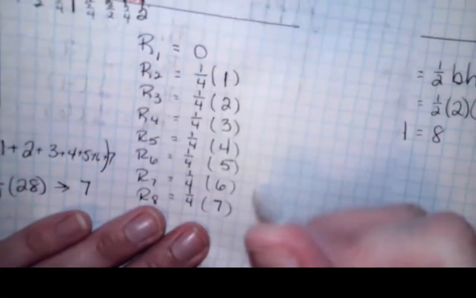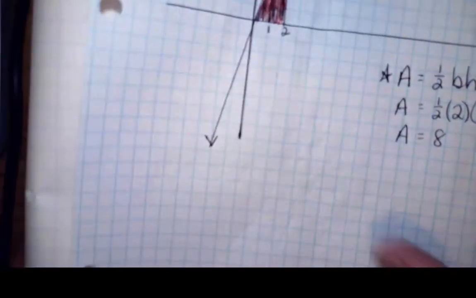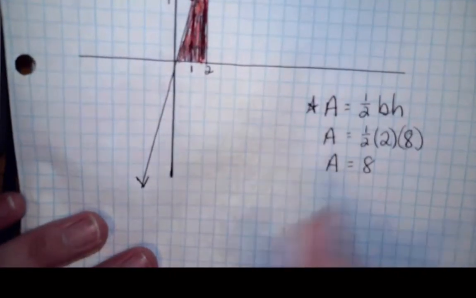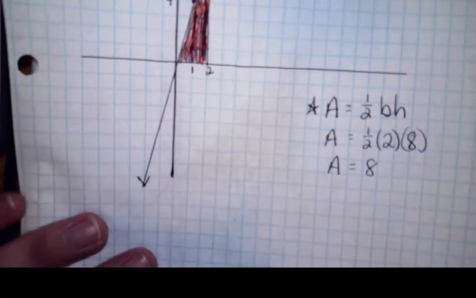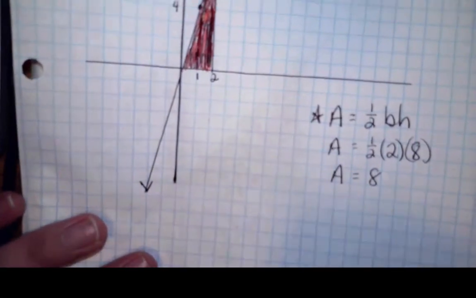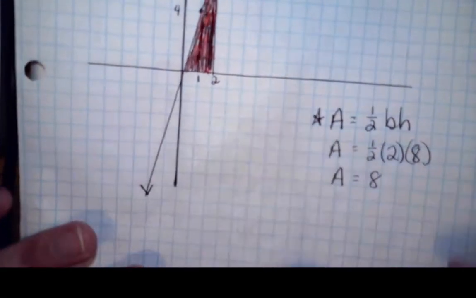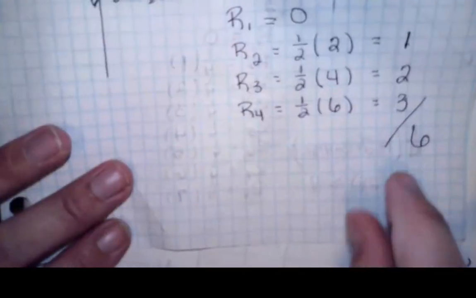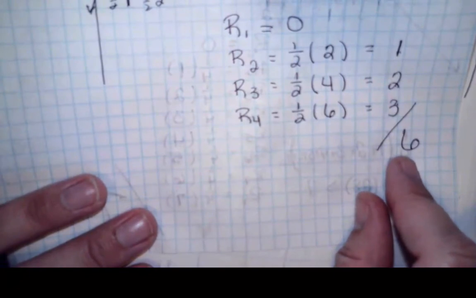So let's recap. When I got the actual answer using geometry, I knew that the area was 8. The area is 8 in calculus as well. It's just that we are estimating. We're not getting an exact answer yet. So in geometry, I know it's 8. I used fewer rectangles, and I got a pretty poor approximation of 6.